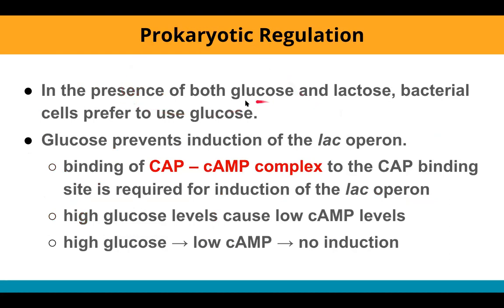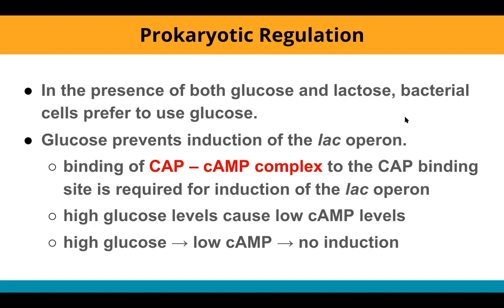So in the presence of both glucose and lactose, bacterial cells prefer to use the glucose. It will not utilize the lactose if there's presence of glucose. So glucose prevents induction of the lac operon. How does it prevent induction of the lac operon?